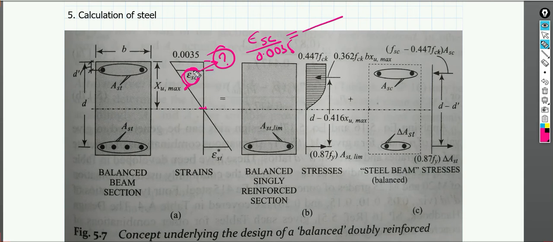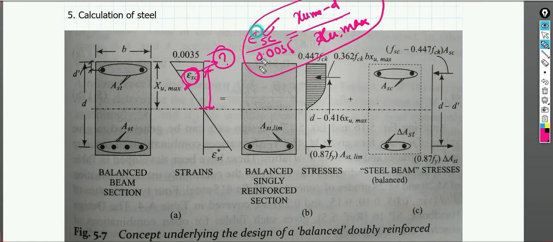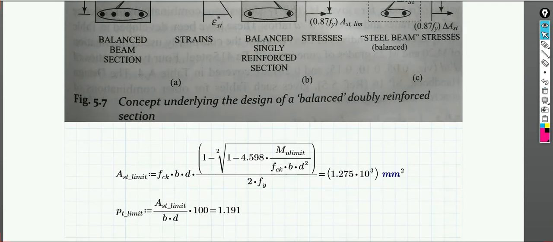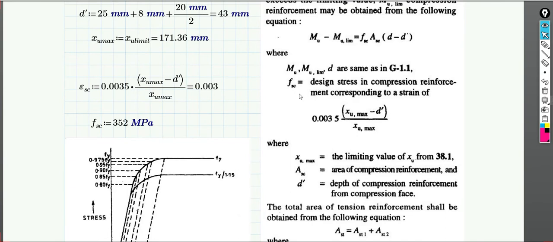So this distance is XU max minus D dash, and this distance is XU max or XU limit basically. So this equation can be used to find out epsilon SC, and that same equation I think we have used. See here, yes, this one.